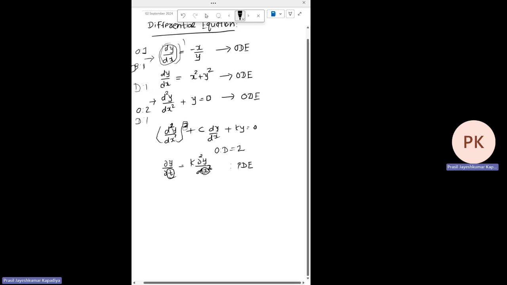Your heat conduction equation: del T by del t is equal to minus k into del square T by del x square plus del square T by del y square plus del square T by del z square. Here temperature is varying with both time and coordinates x, y, z. So this is called a partial differential equation. Now we will only focus, as of now, on ordinary differential equations.